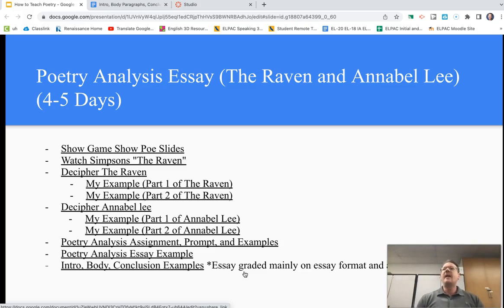Try to make that as easy as possible with students. Get them to memorize that formula. Do sentence starters if you need to, because the analysis part of the brain is not fully developed yet, and it honestly won't be fully developed for a long time. So allow the students to know the formula, plug and play, I should say, put information in place. And then once their brain starts to get better at analysis, 11th, 12th grade, they already have the formula memorized. Anyway, this is what I tend to do.